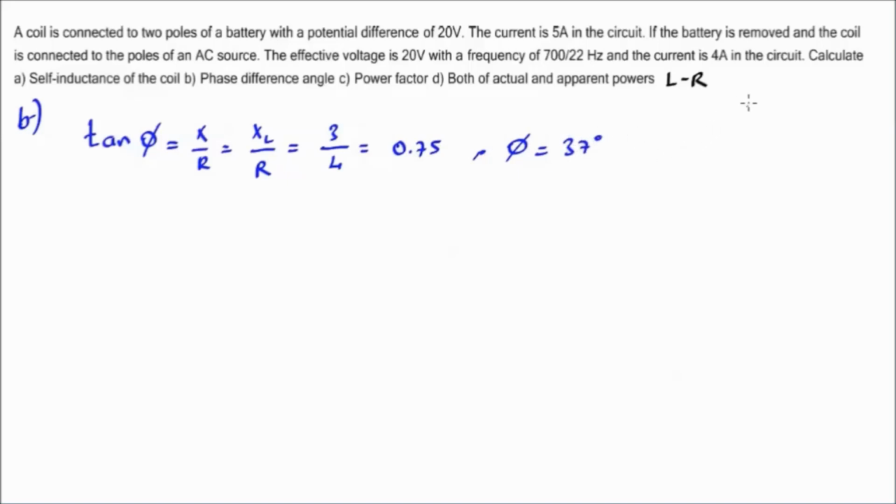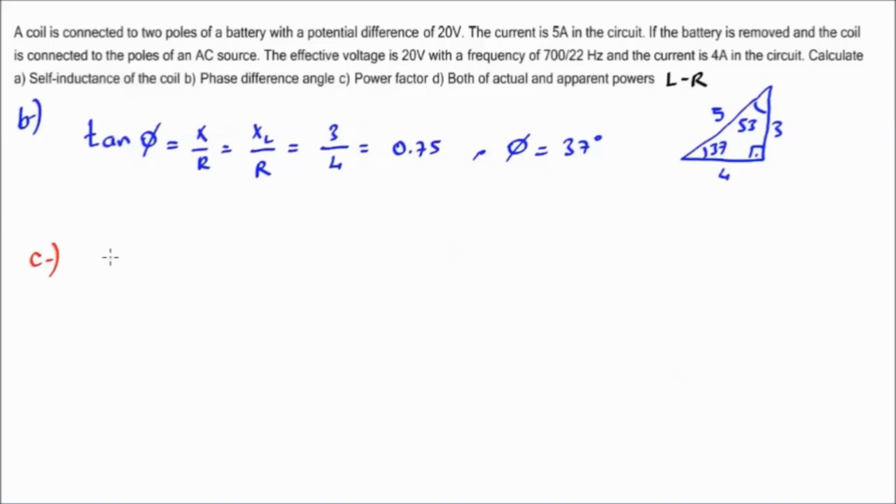From this triangle you can calculate it. 37, 53. There is 3, 4, and 5. Tangent 3 over 4 means 37 degree.